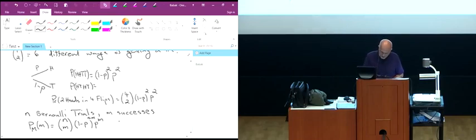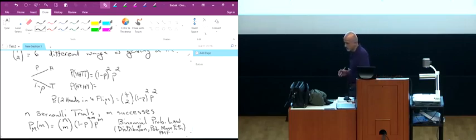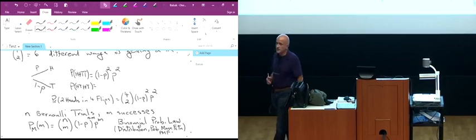This is the probability law for a binomial random variable, sometimes called the distribution. I think in your notes it's called the distribution, and sometimes called the probability mass function, or PMF. PMF is the terminology I grew up on, so you'll find me use it quite often.